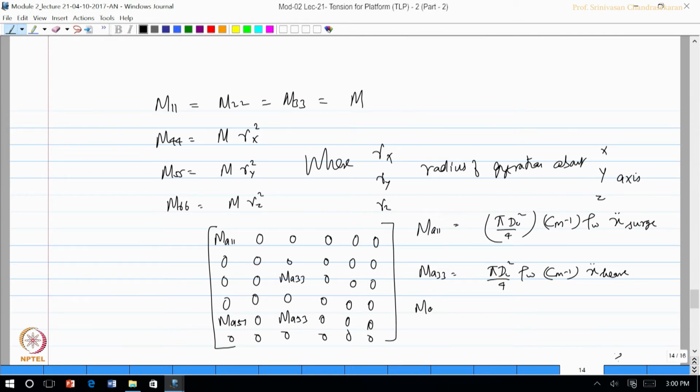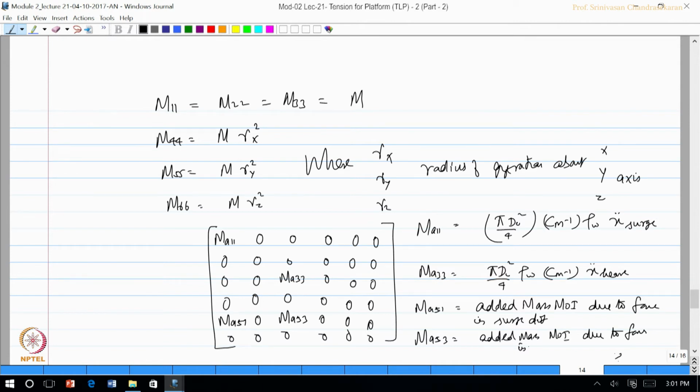Then what is MA51 and MA53? MA51 is added mass moment of inertia due to force in surge degree. Similarly, MA53, as you correctly guessed, is added mass moment of inertia due to force in heave degree.